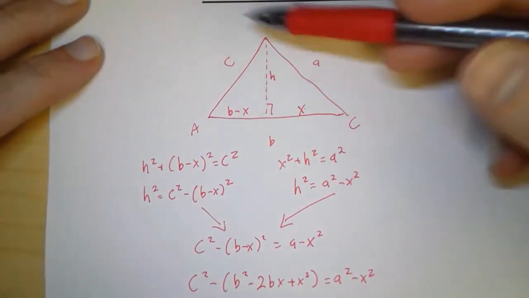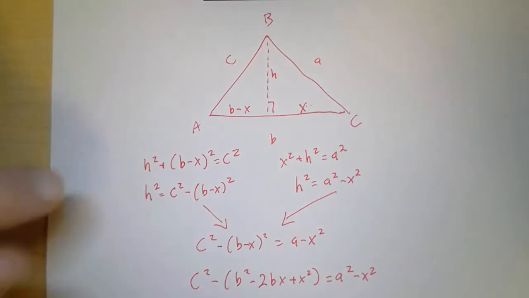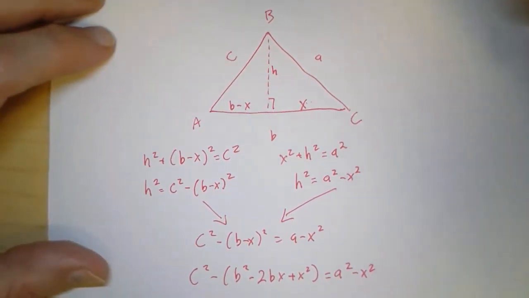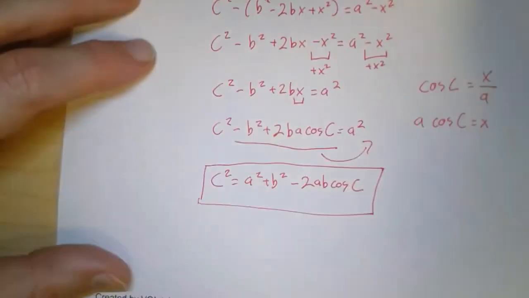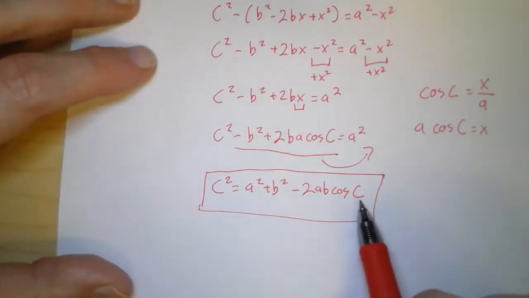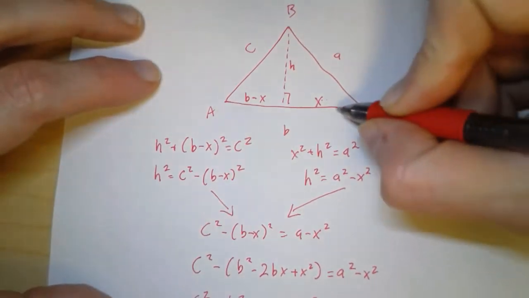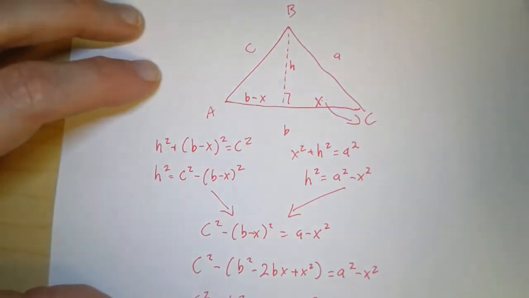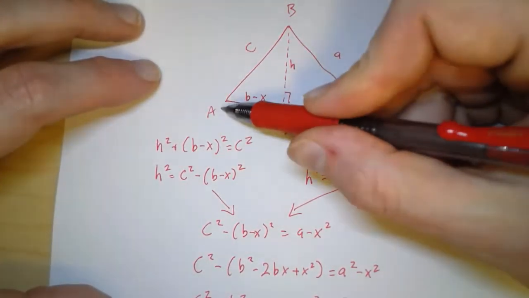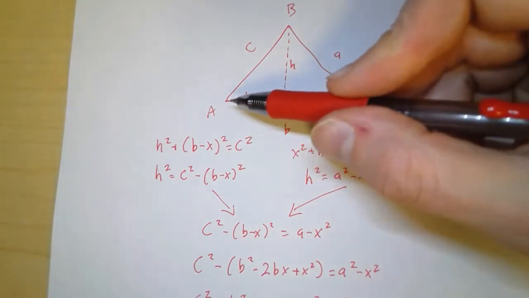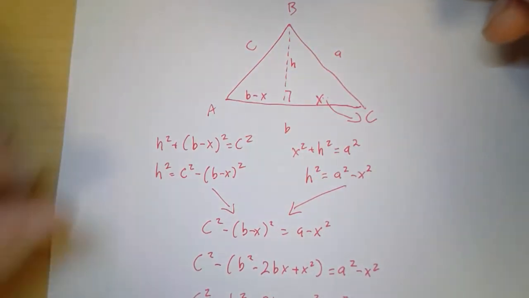Now, there are three different forms of this, and you can get that if you basically just rearrange the angles A, B, and C. And you know which one you're going to get because I ended up with the variant where you have c squared and cosine of C. And I knew that because x was adjacent to angle C. If x was adjacent to A, then it would be a squared on one side and cosine of A on the other end of the formula.